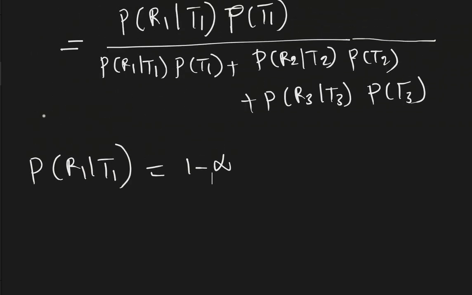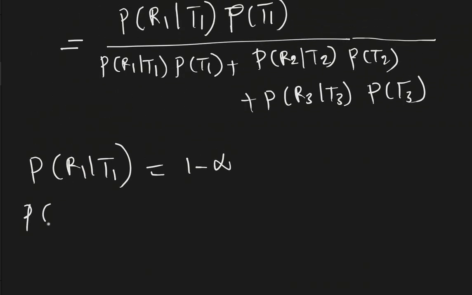What is the probability that I give T2 and get R1? What is the probability I give T3 and get R1?